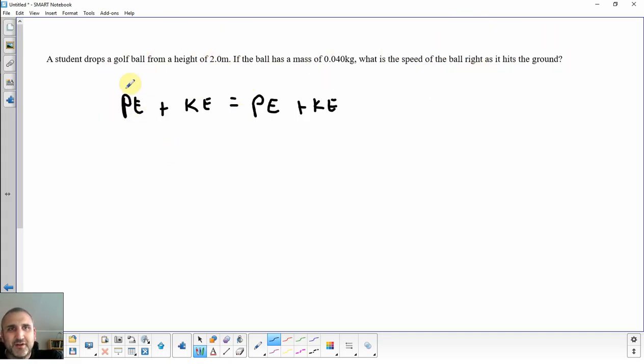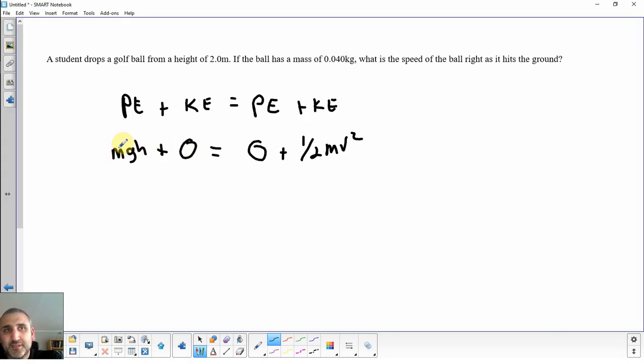So my potential energy is what my ball has, and I've got no kinetic energy because I'm holding it, equals PE at the ground, which is going to be 0, plus KE, which is 1/2 mv squared. Now we can start plugging some stuff in.